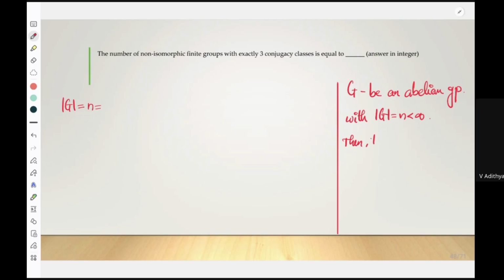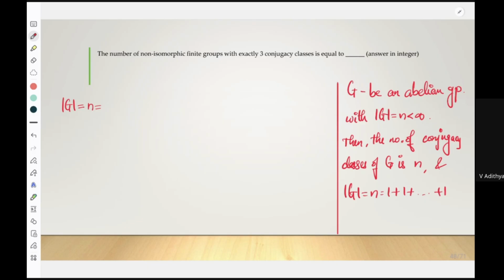Then the number of conjugacy classes of G is how much? 1 plus 1 plus so on, n times. So the number of conjugacy classes is n, and the order of G equals n is 1 plus 1 plus and so on, n times. This is the class equation. Isn't it?